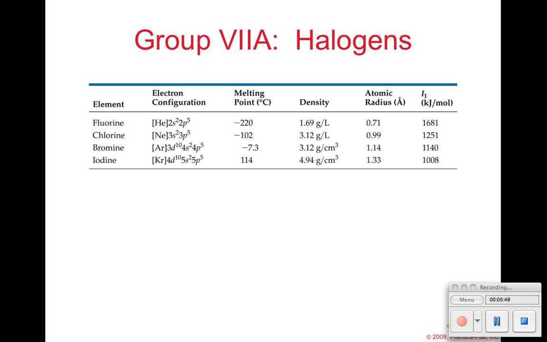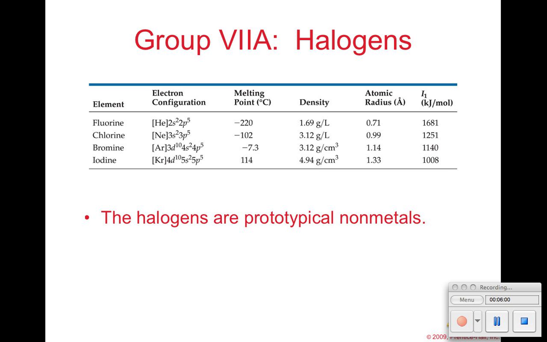Then we move into the halogens. Most of them are gases at room temperature, with very low melting points, and their densities vary across the group. But they have really high ionization energy. It takes a lot of energy to remove electrons, and they're your prototypical nonmetals.